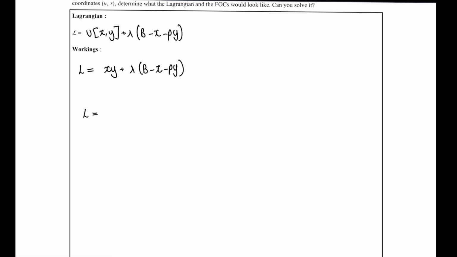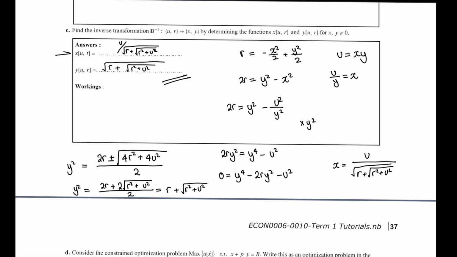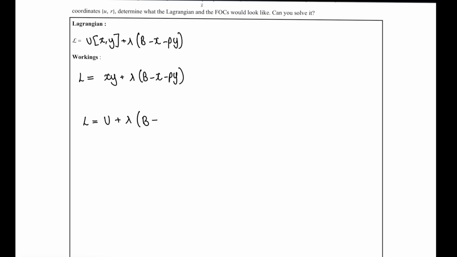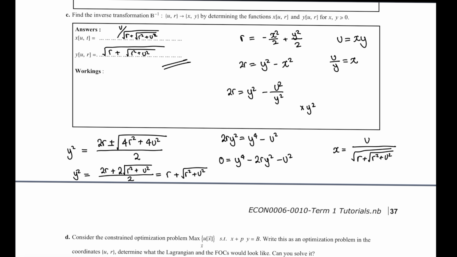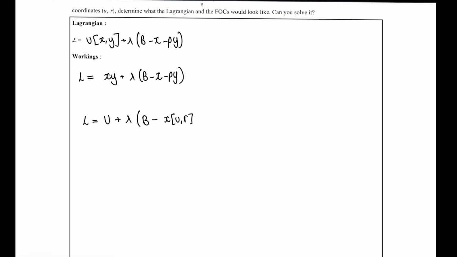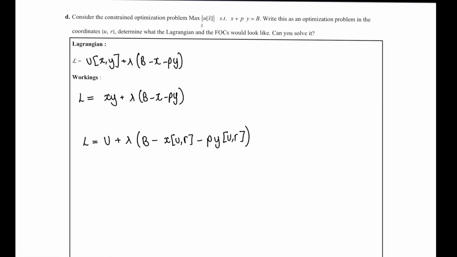So xy multiplied is just u, and then plus lambda times b minus x, which is this over here, which I will write as x as a function of u comma r to save time, minus py as a function of u comma r. So this is what our optimization problem would look like in the coordinates of u and r.